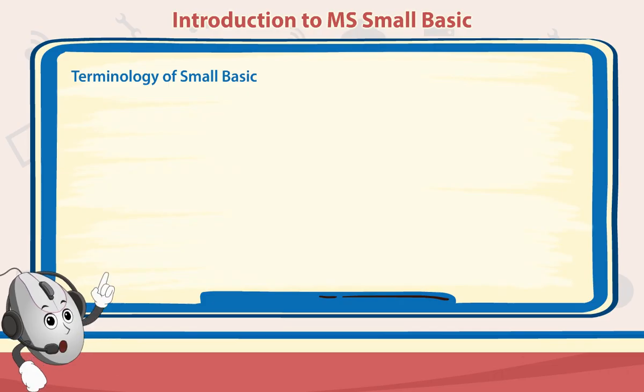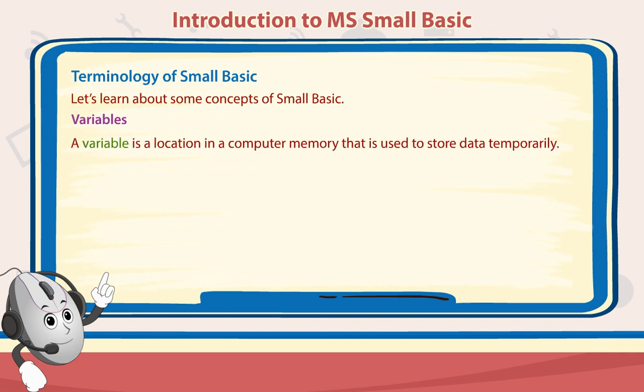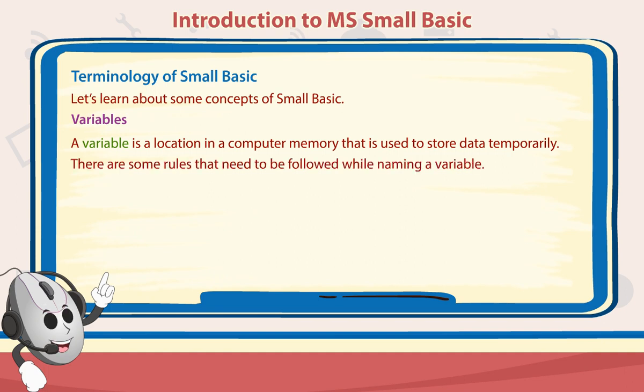Terminology of Small Basic. Let's learn about some concepts of Small Basic. Variables. A variable is a location in computer memory that is used to store data temporarily. There are some rules that need to be followed while naming a variable.